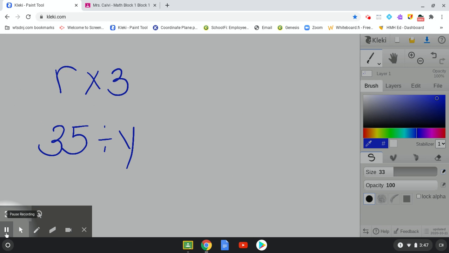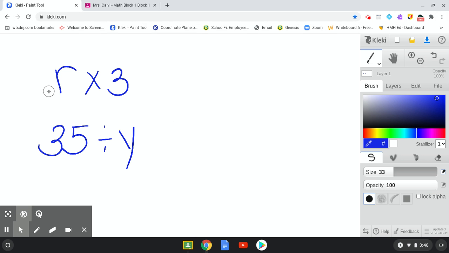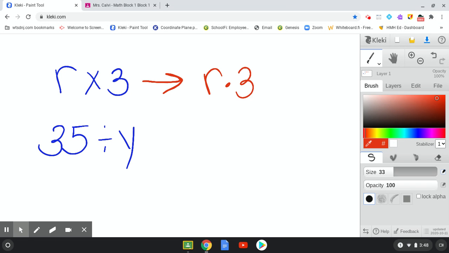Okay? One thing you have to realize, there are a couple of ways that you can write algebraic expressions. So here I have r times 3. I can write that as r with the multiplication dot 3. I can write that as r with my 3 in parentheses, or I can write that as 3r.